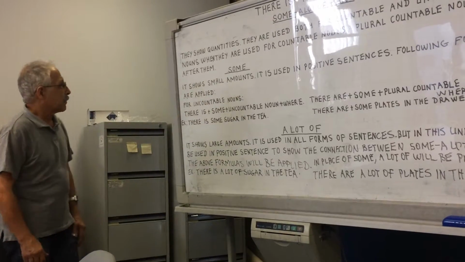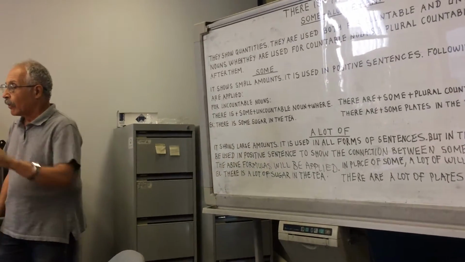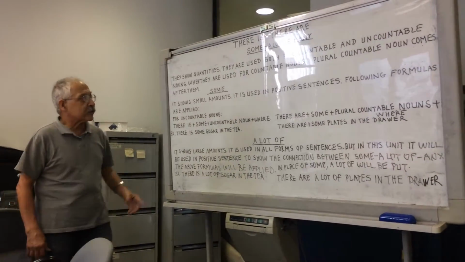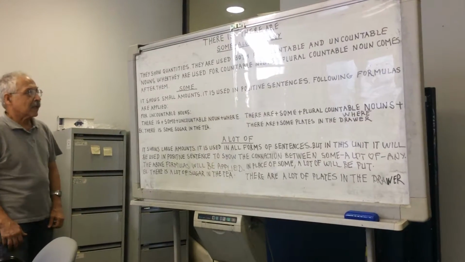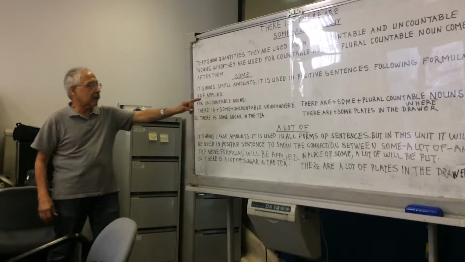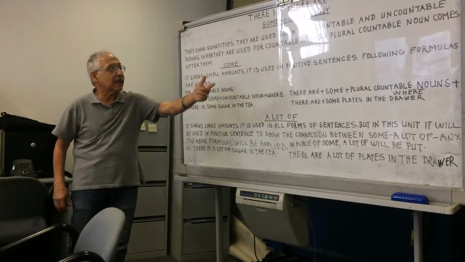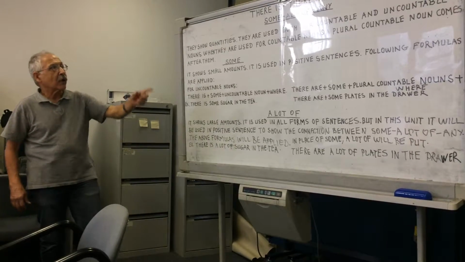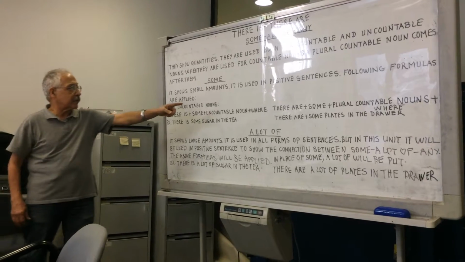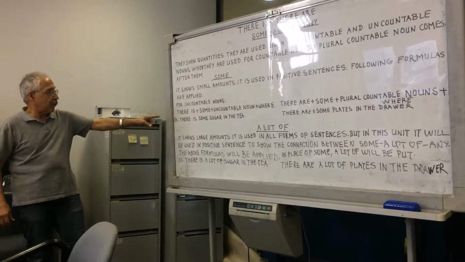Some shows small amounts, 2, 3, 4. It is used in positive sentences, and the following formulas are applied. For uncountable nouns, because as I said, some, a lot of, and any are used for both countable and uncountable nouns, we apply the following formula.